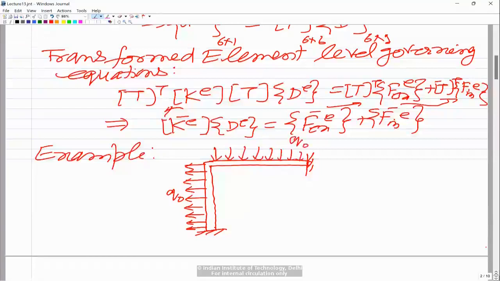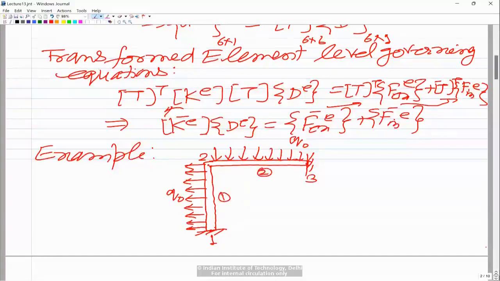And now let us discretize this using two elements. Although in an actual problem you will have to discretize into more elements, for a simple case we are taking two elements. Let us say here we have global node 1, here global node 2, and here global node 3, and this is element number 1 and this is element number 2.